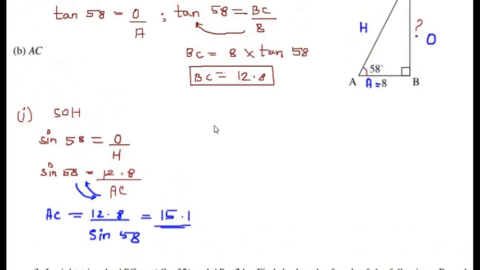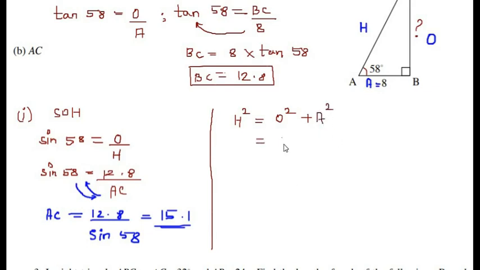Now let me show you the second method where I'm going to use the Pythagoras theorem. Since I have the adjacent and also the opposite, I can find the hypotenuse. So it's given as hypotenuse squared equals opposite squared plus adjacent squared.